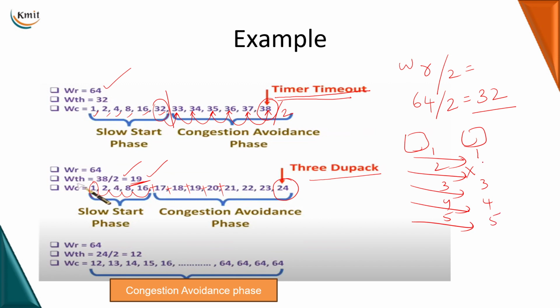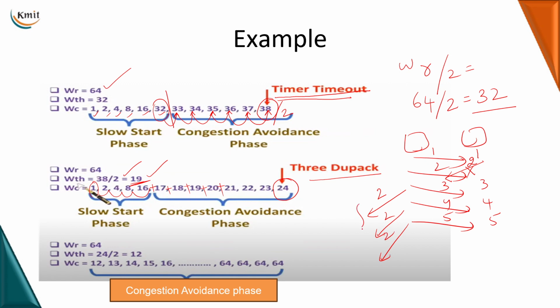What will happen? It will send an acknowledgement saying that I have received 1, now I need the segment with segment number 2, and that has been lost. So you will get 3 duplicate acknowledgements for segment 2.